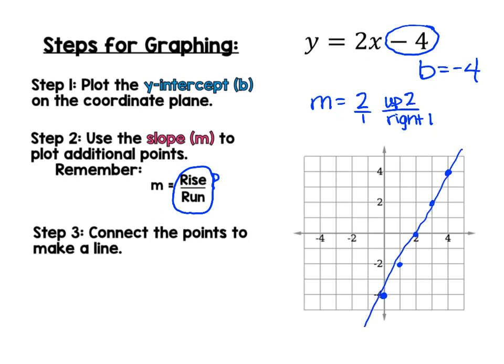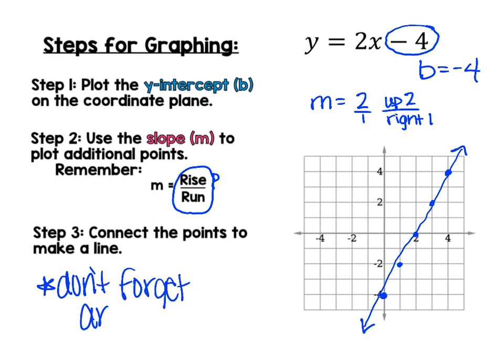My line's not so straight, but you get the idea. Connect those points to make a straight line. In order to make a line, we want to make sure we don't forget arrows at the end. Otherwise, in geometry, you're going to learn if you forget the arrows, it's not actually called a line, it's called a line segment.